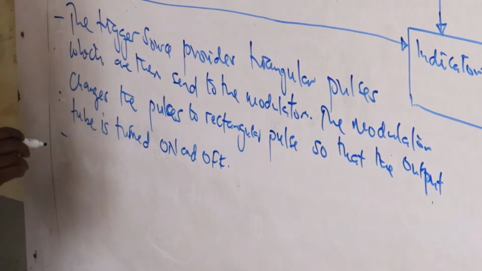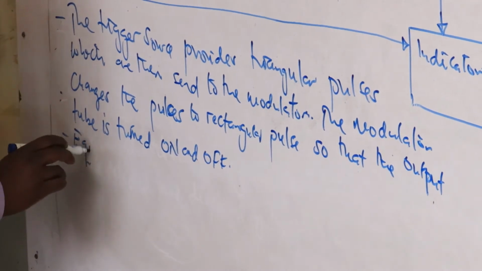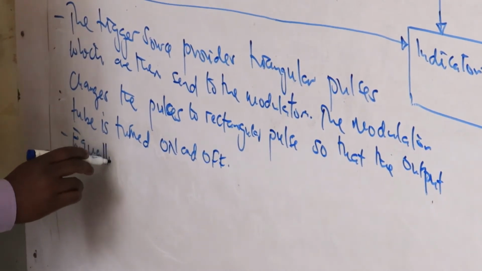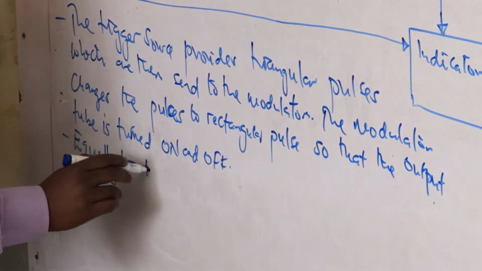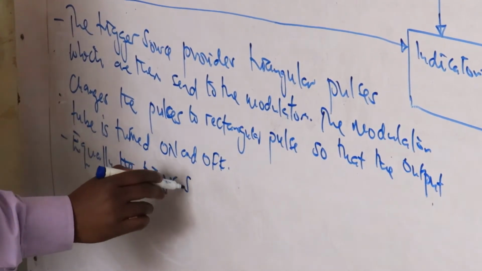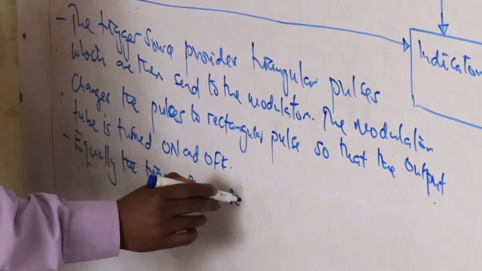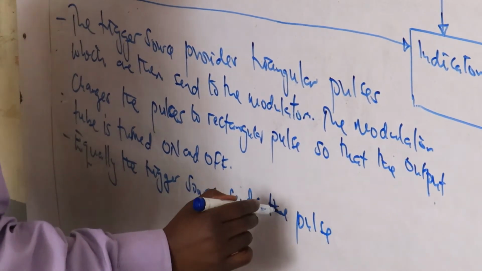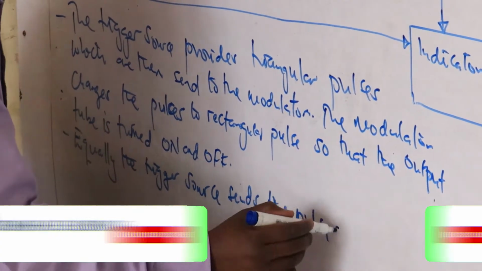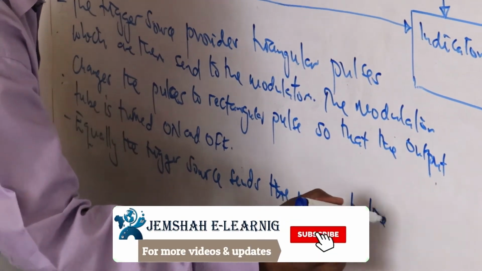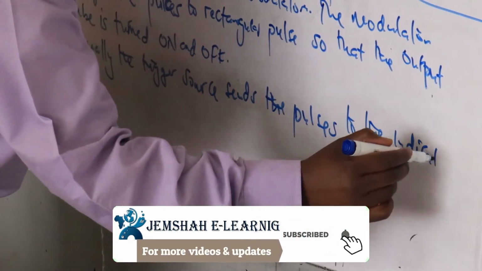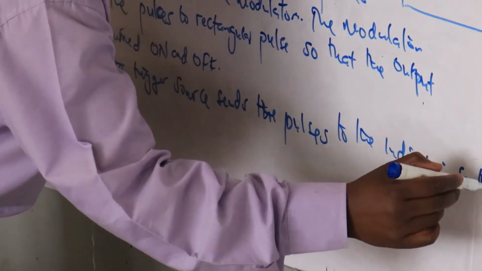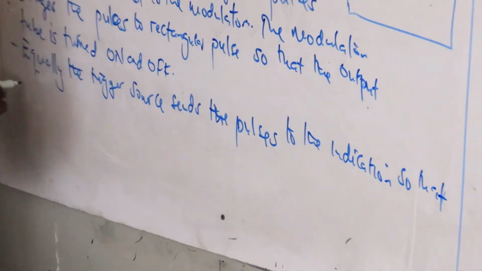Another thing you need to know is that the trigger source sends the pulses to the indicator so that there is synchronism.